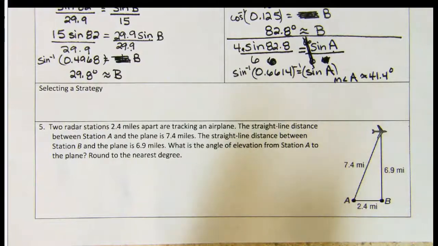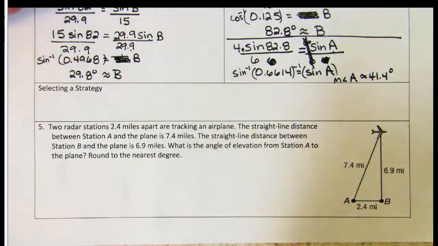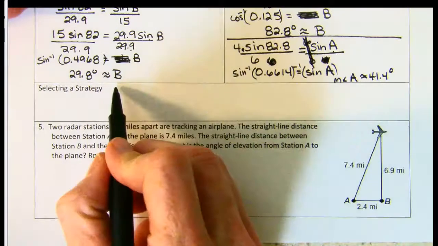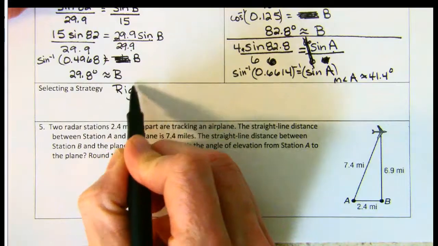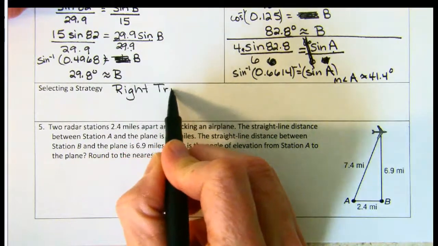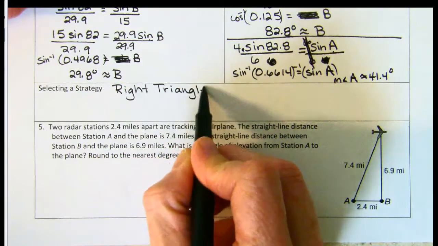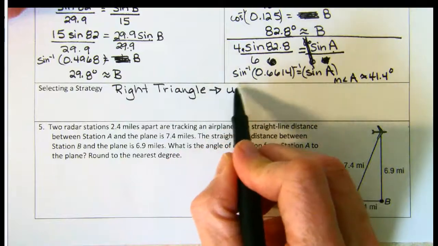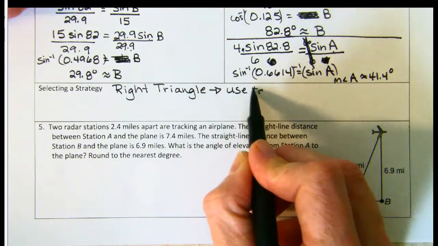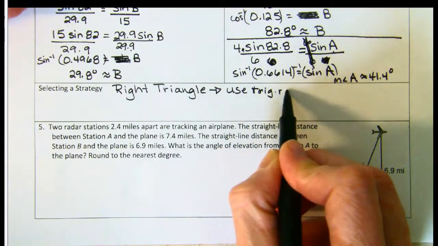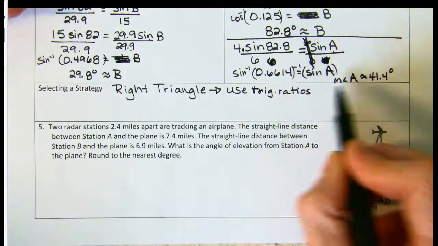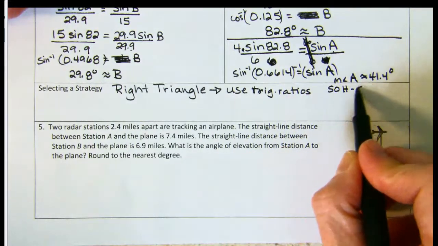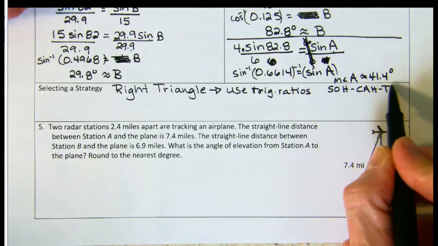The first thing I want you to keep in mind is that if you have a right triangle, then you have options. You can use your trig ratios, that's going to be our SOH CAH TOA.